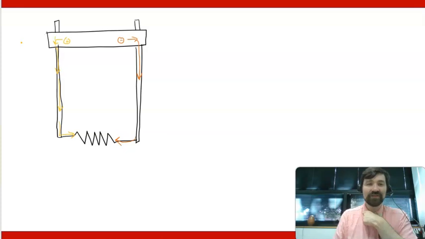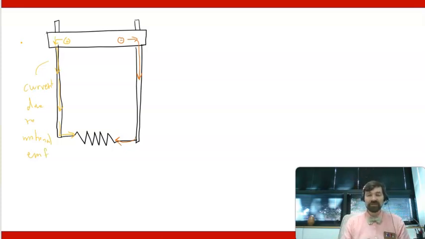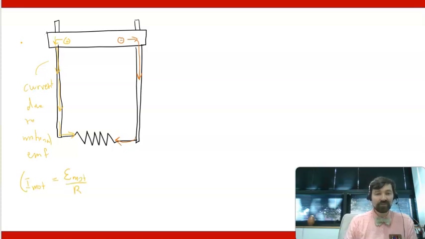So I have a current due to motional EMF. Okay, well, how much current? Essentially we would expect I motional to be equal to the motional EMF divided by the resistance of your system.